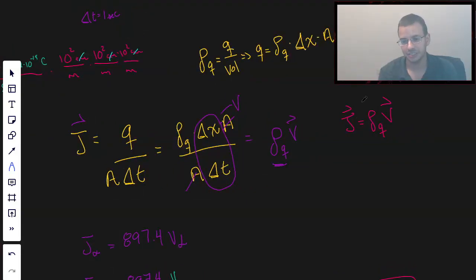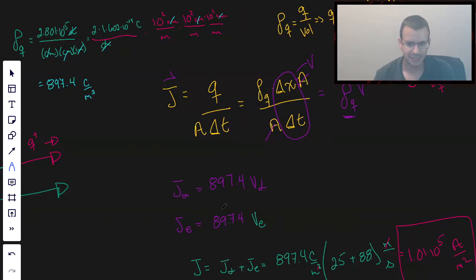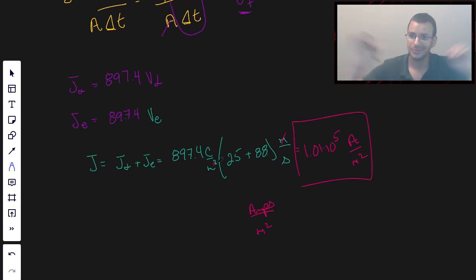So even though the velocity of the electrons is in the opposite direction, the charge density is negative. Negative times negative gives you positive. That's the mathematical justification for why that works. So really the hardest part was just converting our alpha particles to the equivalent coulombs that are moving. After we got that, we said it's the same as the electrons, plugged it in, and got an answer. So hope that helped. See you on the next problem.